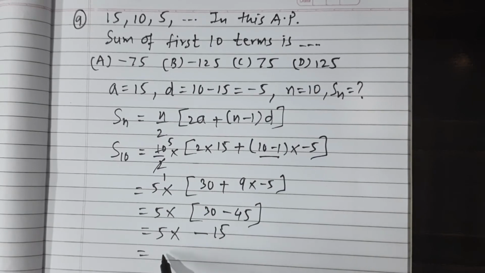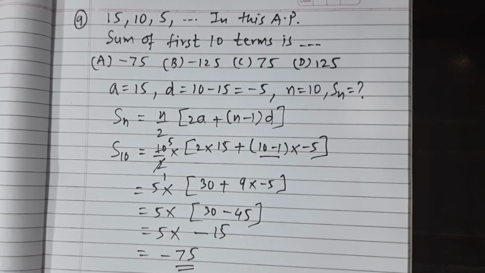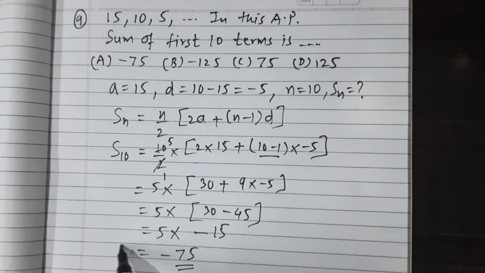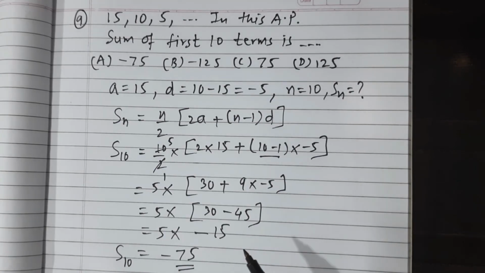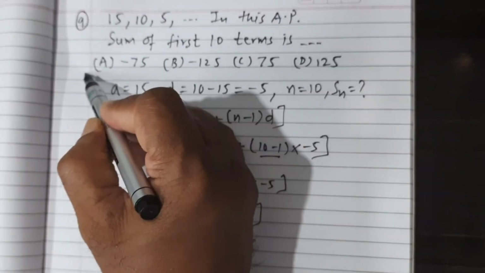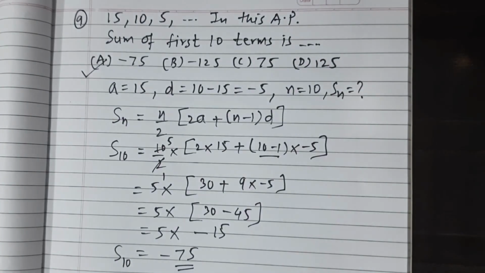So 15 fives are 75, plus into minus is minus. So the sum of the first 10 terms of this AP is minus 75. So the correct option is option A, that is minus 75.